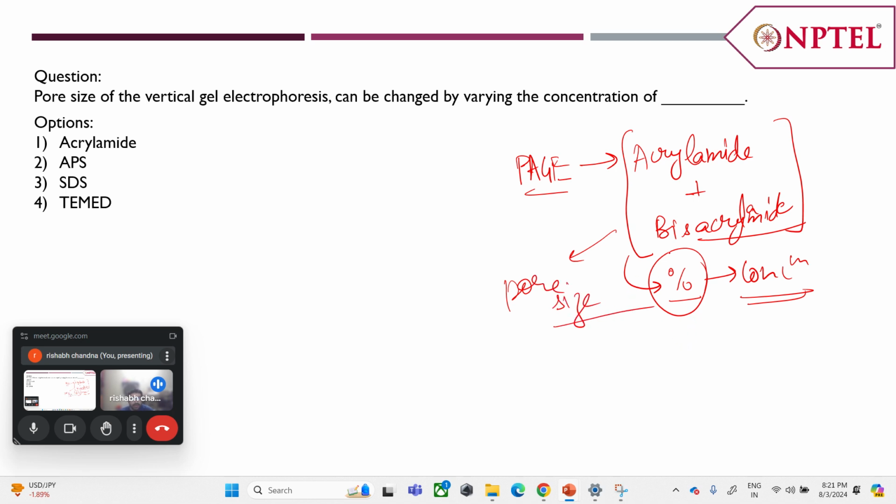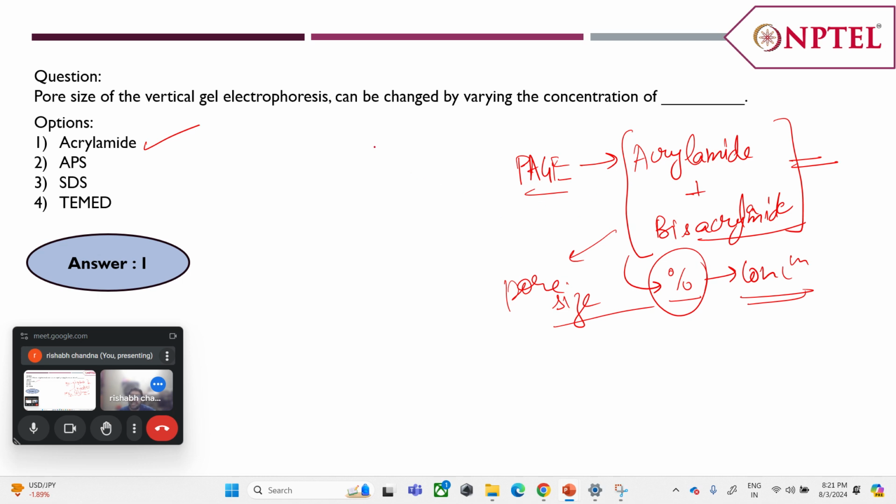Okay, because these form the base or the mesh kind of structure of the gel. So if they are in low quantity, the pore size would be more. If they are in high percentage, then the pore size would be less. So the pore size is controlled by acrylamide only. Okay, now I have a question for you.